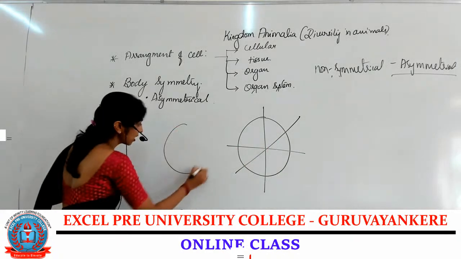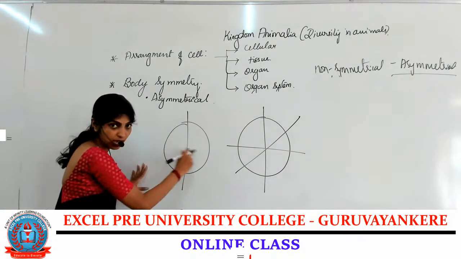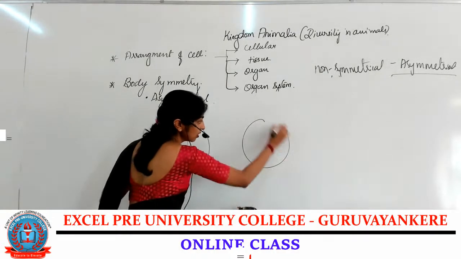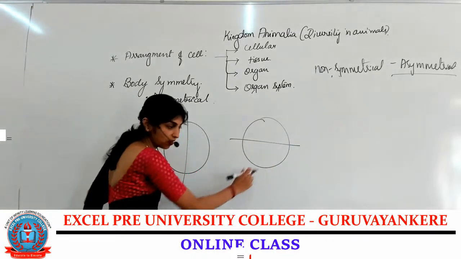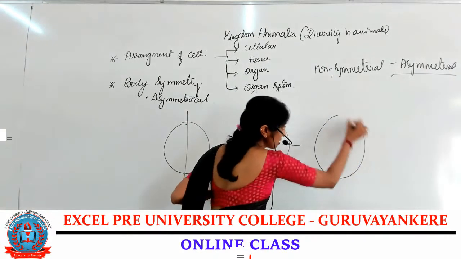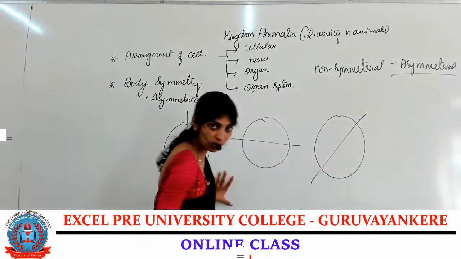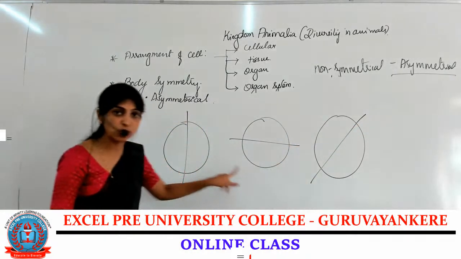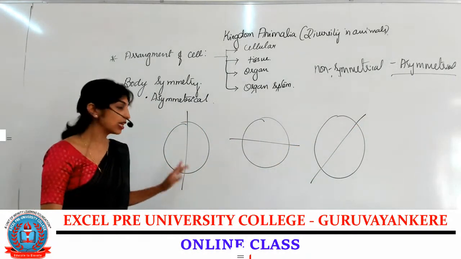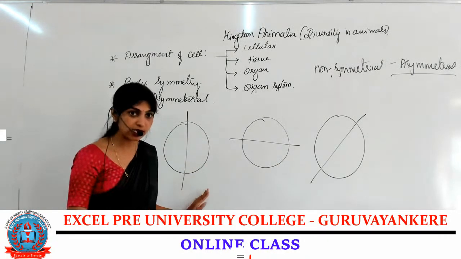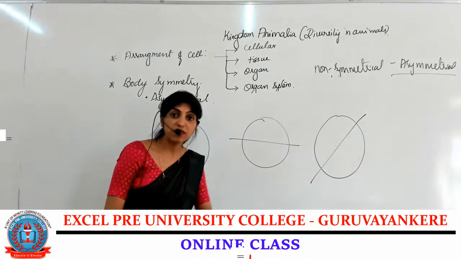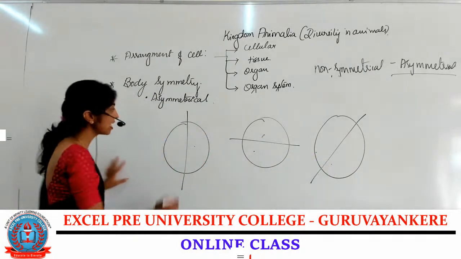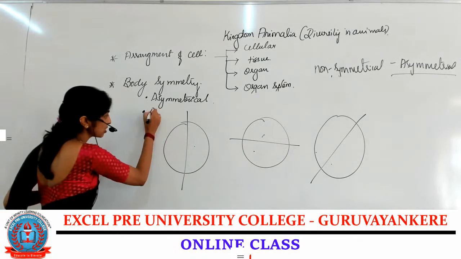For example, if I cut it in this plane, I get equal halves. If I cut in this plane, again I get equal halves. Even after I cut this organism through the central axis in different planes, if I get equal halves, then we call that symmetry radial symmetry.